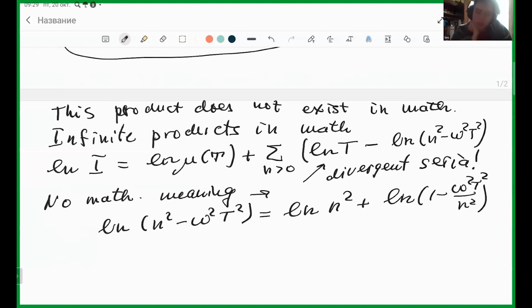I'm sorry, but shouldn't we say it like some other way? Because, well, it's divergent. This logarithm is divergent, but it tends to minus infinity. And when we exponentiate it back, we apparently get 0 for I, which is logical since we take a product of smaller and smaller values. So does it mean that this value is not what we're looking for?